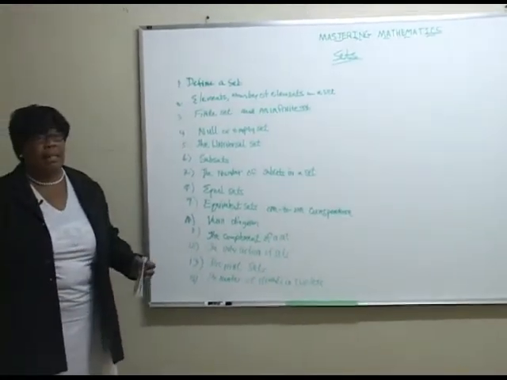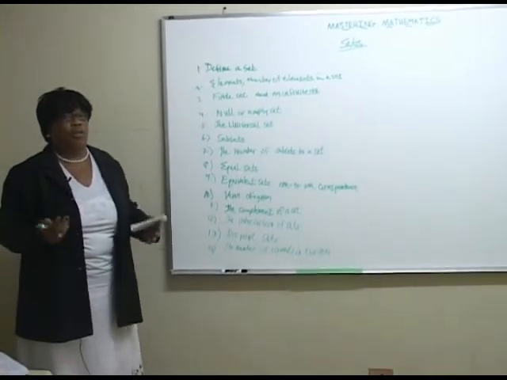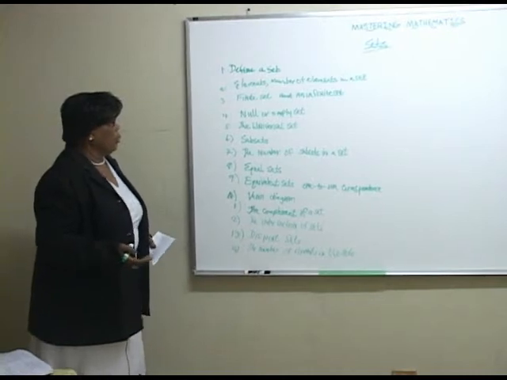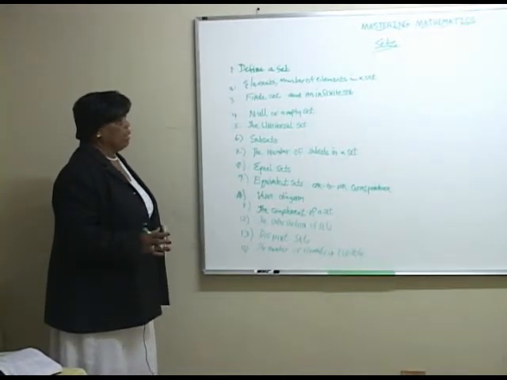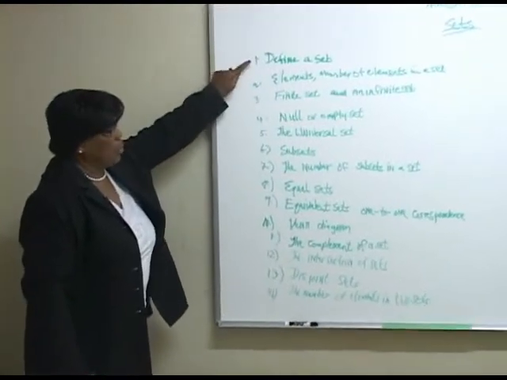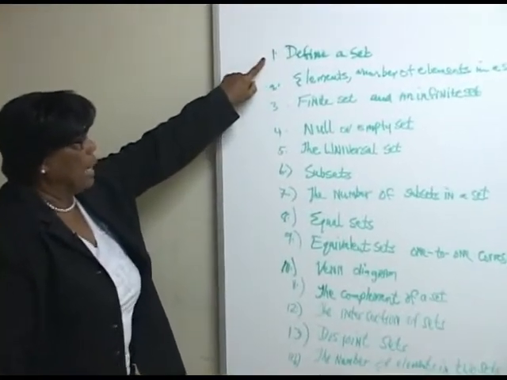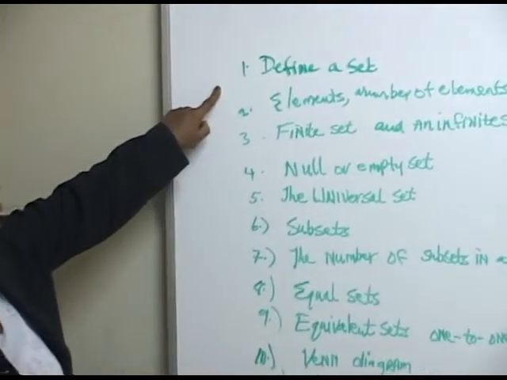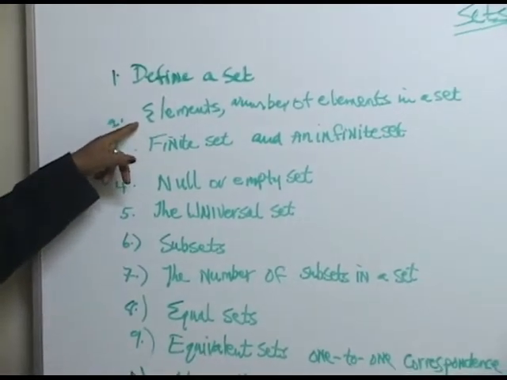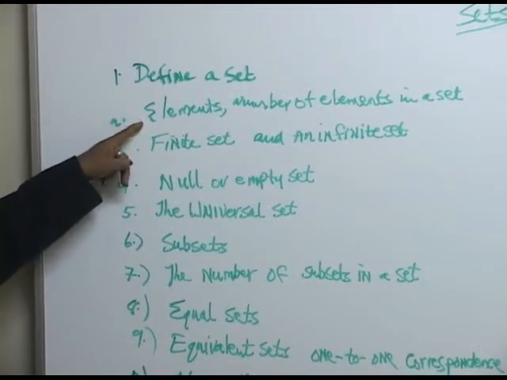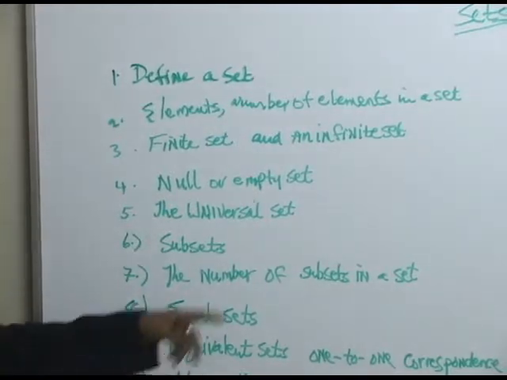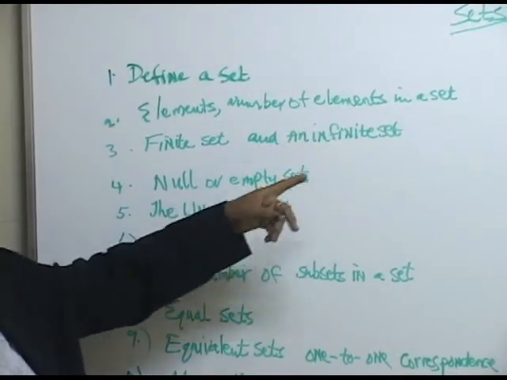But before we start anything, you must know your definitions for the things that they're going to be asking you. We have to know what we mean when we're talking about a set. So we have to define the set. There will be things where we'll be looking at elements for a set. When that word is used, what does it mean? They can be using the word finite set, or it can be an infinite set.